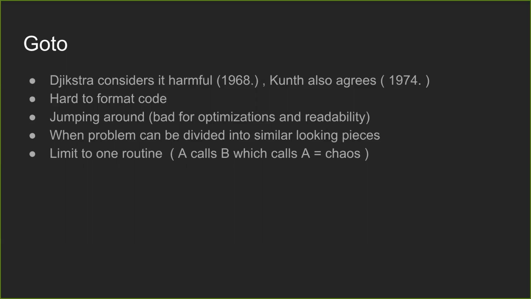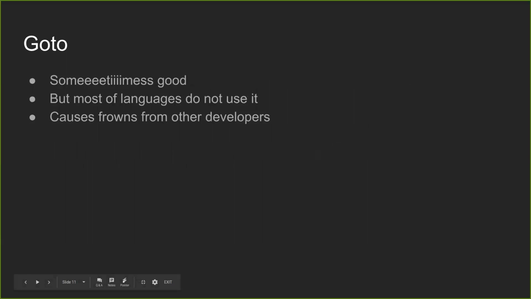Okay, so it's sometimes really good to use Goto, but those cases are not often. And since we mostly use languages that do not have Goto, we don't have to worry about it.